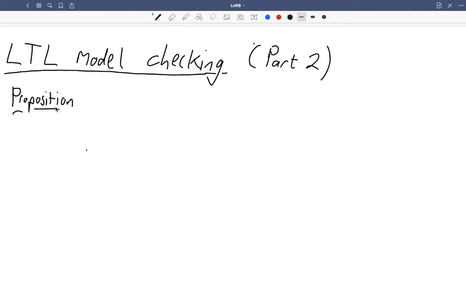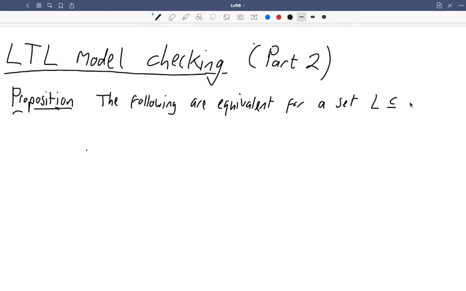So the proposition is that the following are equivalent for a set of infinite words. For a set L, let's say, which is a set of infinite words, so it's a subset of the set of all infinite words over some given alphabet sigma.